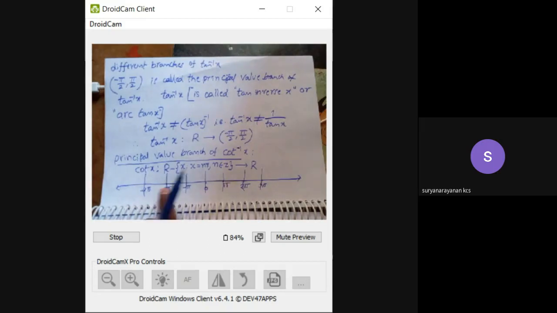Here we divided this number line into different intervals. Can you tell me the different intervals here?